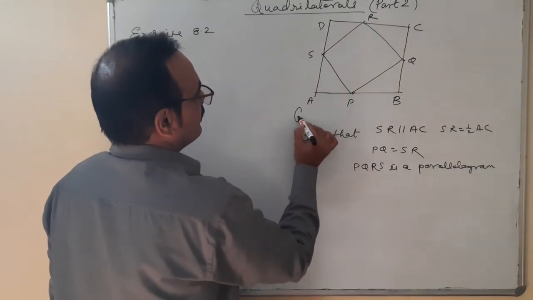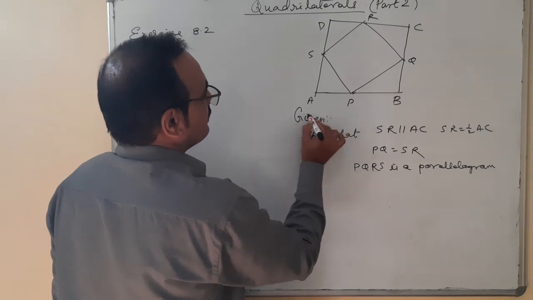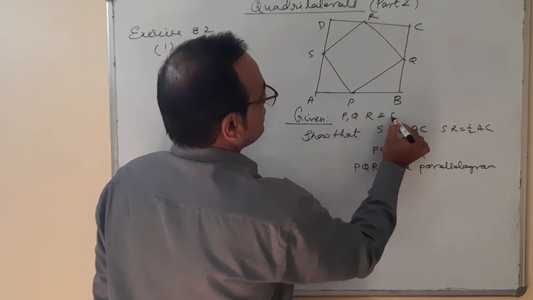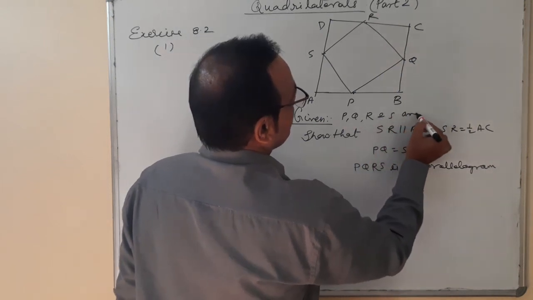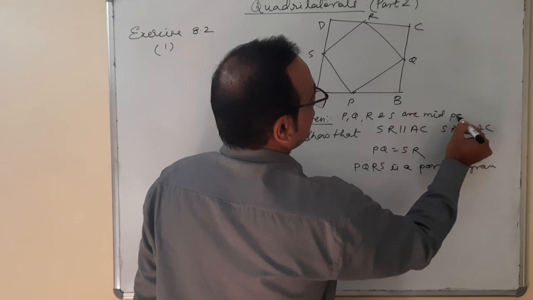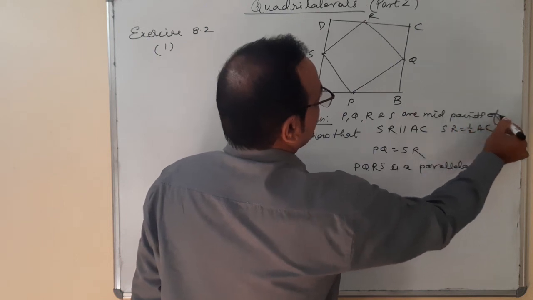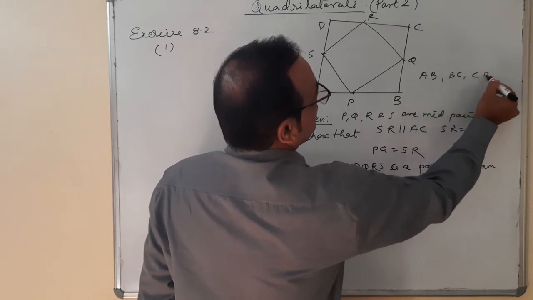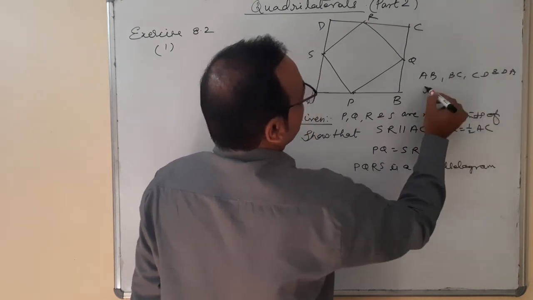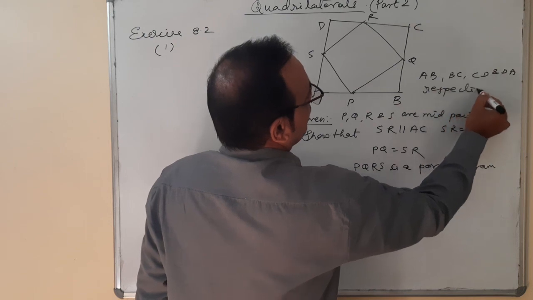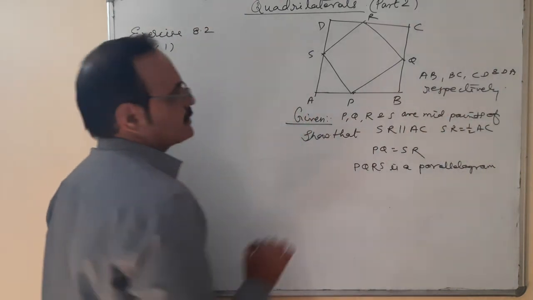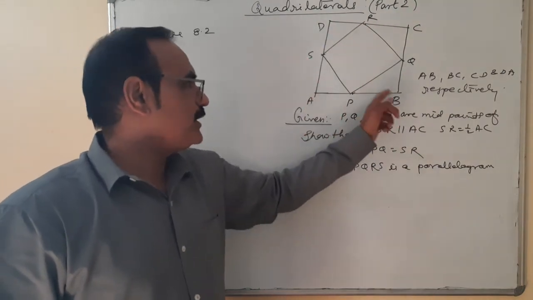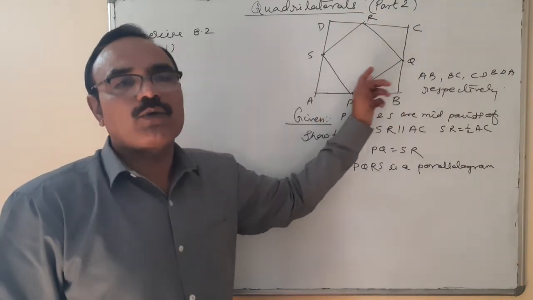Given, what should I write here? P, Q, R and S are midpoints of AB, BC, CD and DA of a quadrilateral respectively.